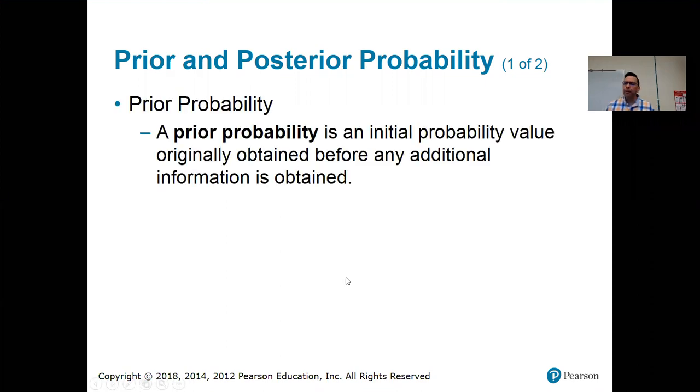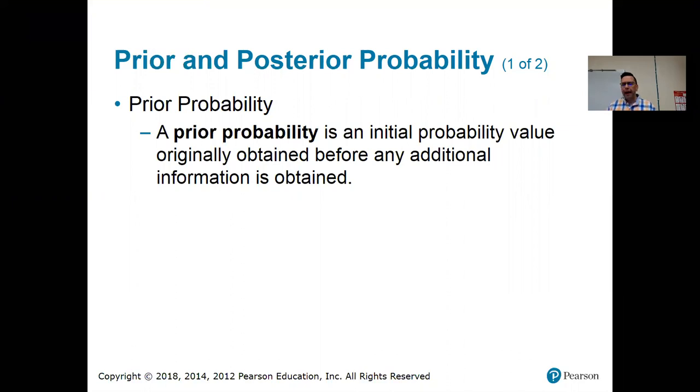A prior probability is an initial probability value originally obtained before any additional information is obtained. An example of that in the problem we just did would be 1% of the population has cancer. That is a prior probability, not taking into account any other information.